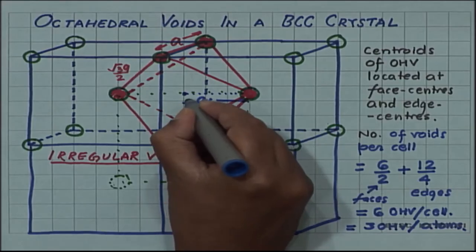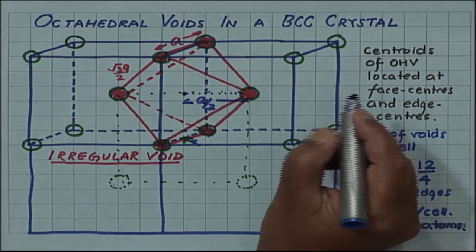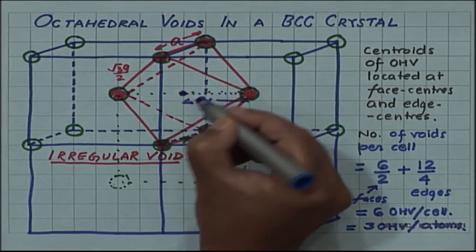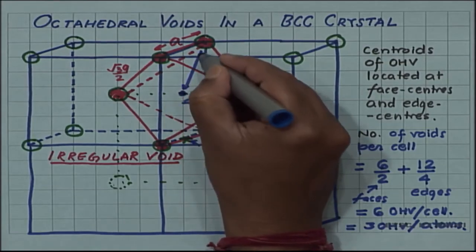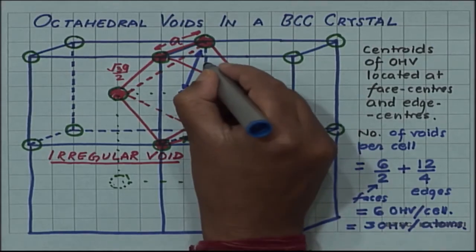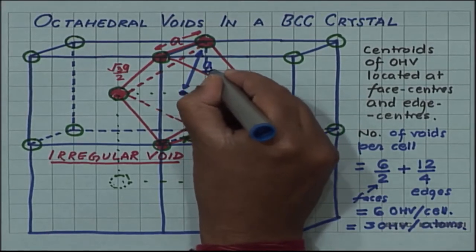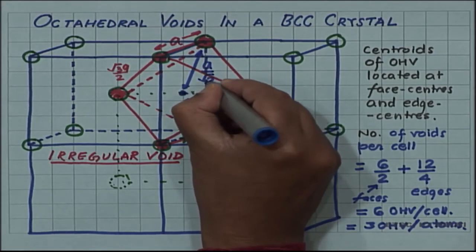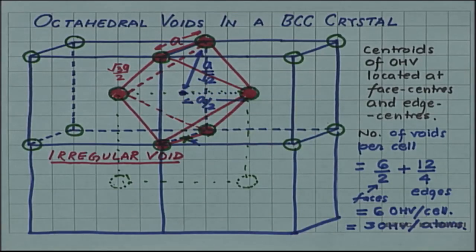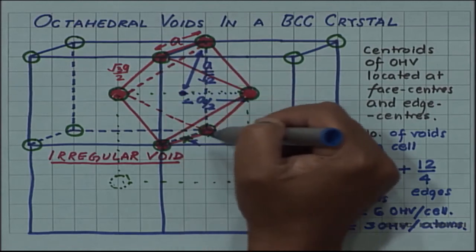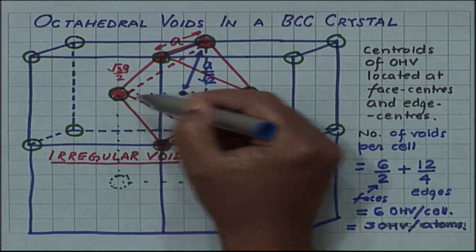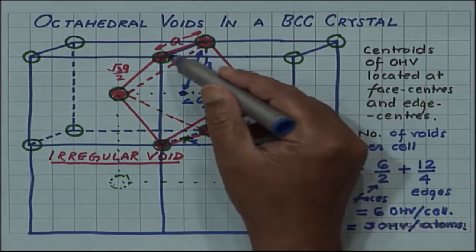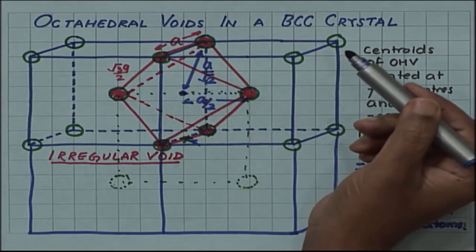This distance is a by 2, but the distance from the centroid to one of these corner atoms, as you can see, is half face diagonal. So, this is a by root 2. Which means these 4 atoms are located further away than these 2 atoms. So, from the centroid all atoms are not at equal distance.